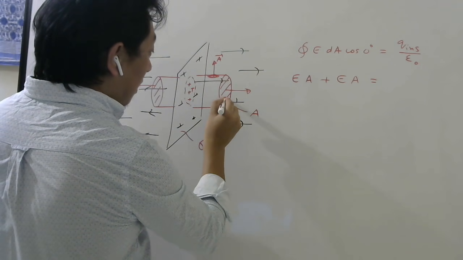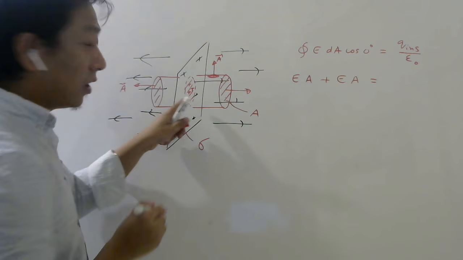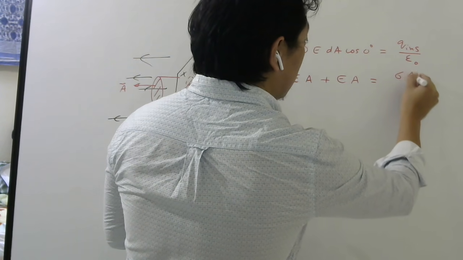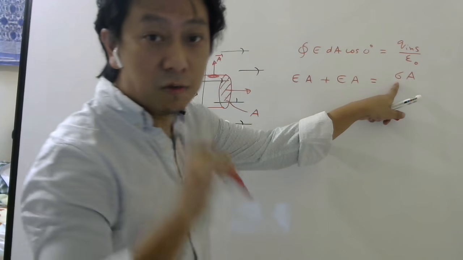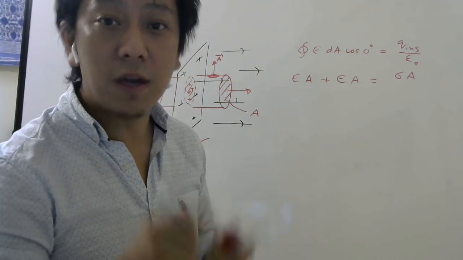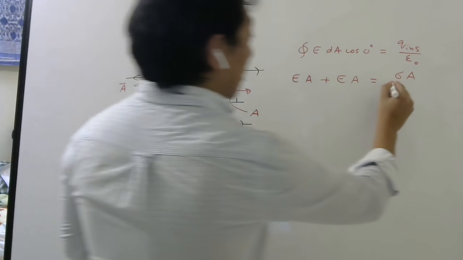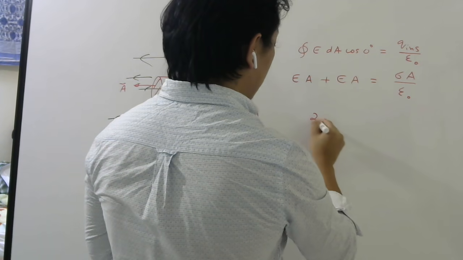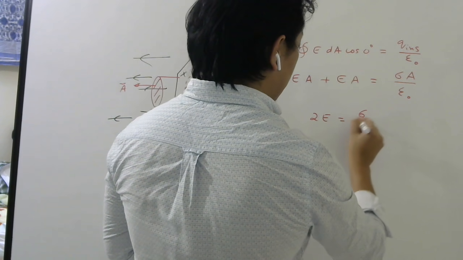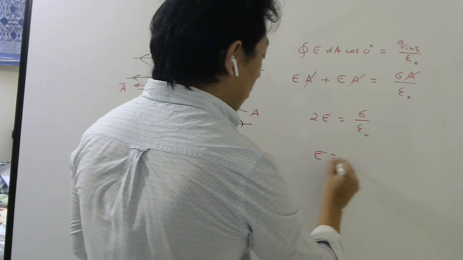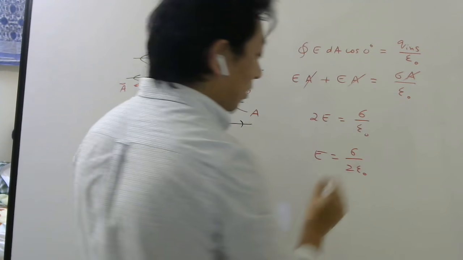Now if this area is A, this area will also be A. So charge inside will be sigma into A, because sigma is charge in 1 meter square. Charge in 2 meter square is 2 sigma. Charge in A meter square will be A sigma, divided by epsilon naught. So from here you will get 2E equal to sigma by epsilon naught. A will cancel, no? So E equals sigma by 2 epsilon naught.